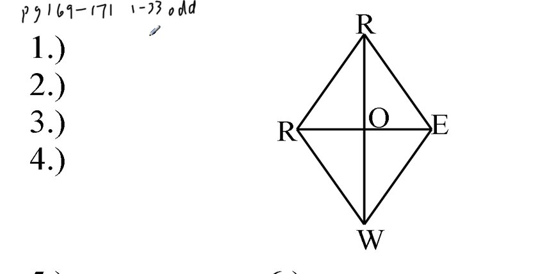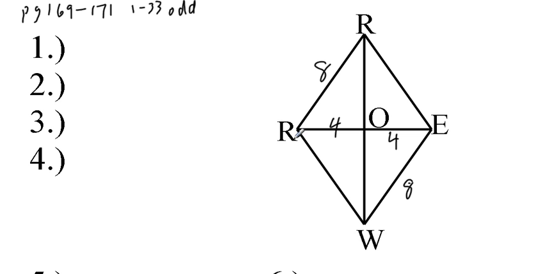So taking a look here first at number 1, we have OE equals 4 and WE equals 8. Now we're told that we're looking at a parallelogram here, which means opposite sides are congruent and diagonals bisect each other.